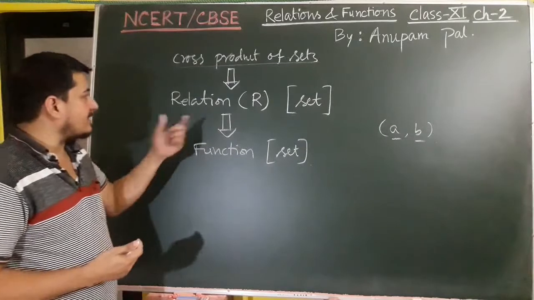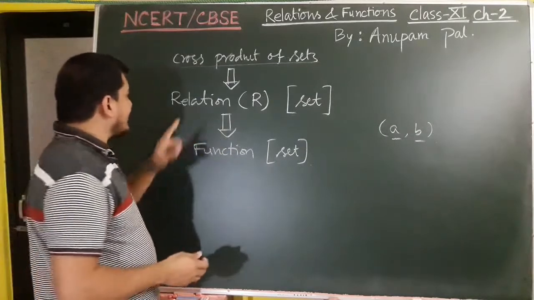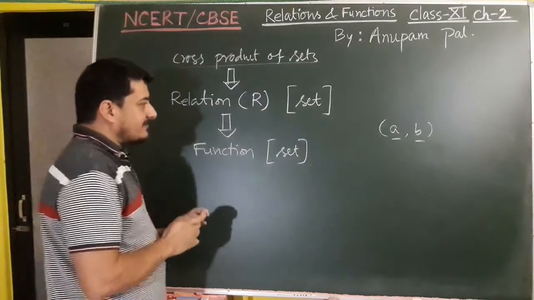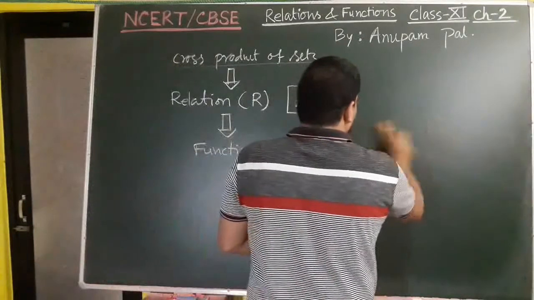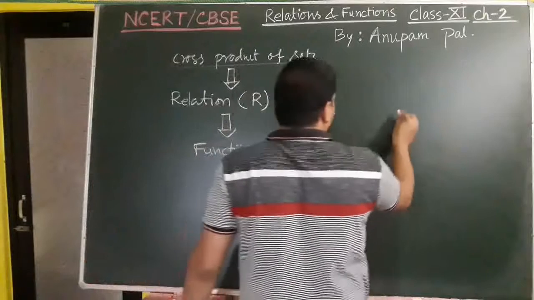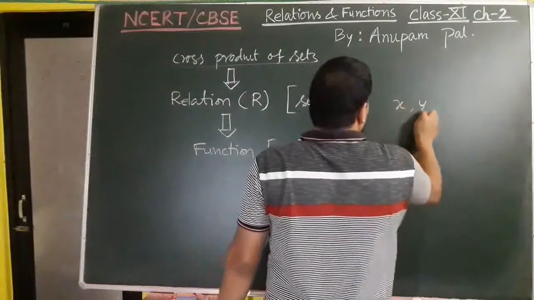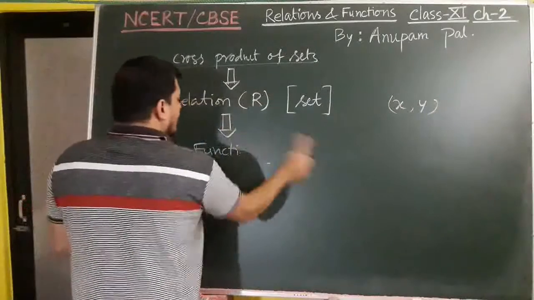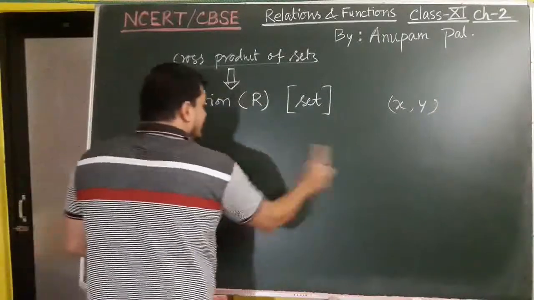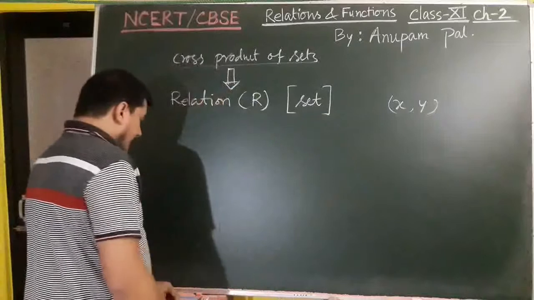How can we write this relation? Now you see there is a subtle difference. Say it is x, y. So how can I write the relation between x and y?